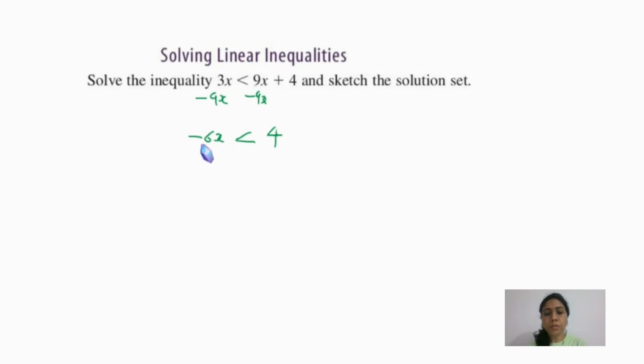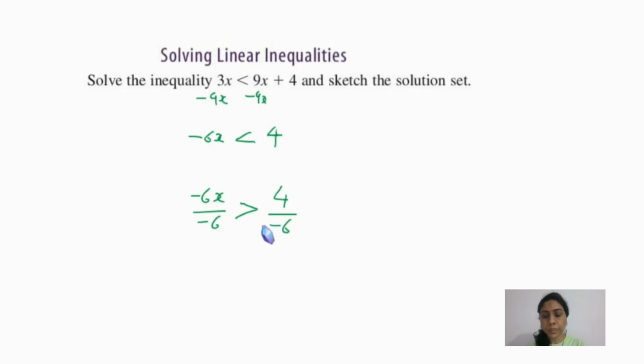But if you multiply or divide by any negative number, the inequality sign changes, reversing direction. So divide by negative 6: negative 6x upon negative 6, and this is 4 upon negative 6. When we divide by negative 6, or multiply by negative 1 upon 6, it's the same thing, so the inequality sign changes.